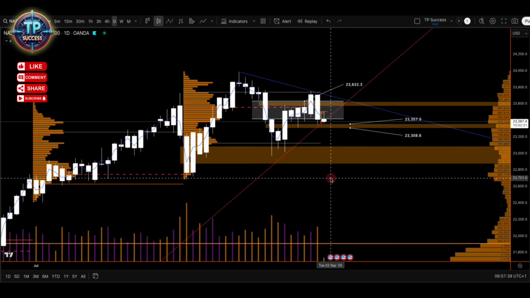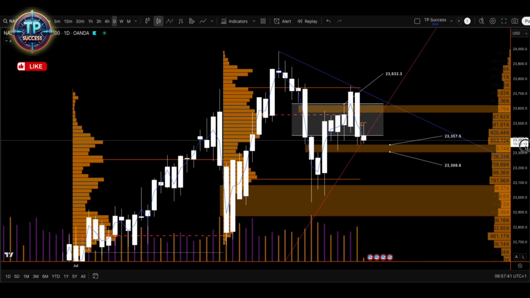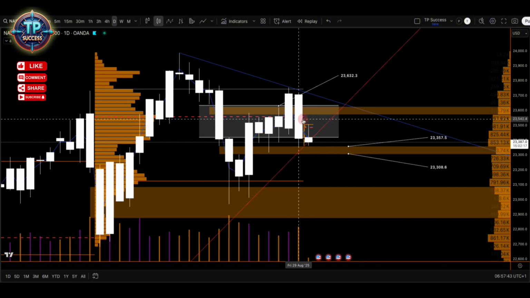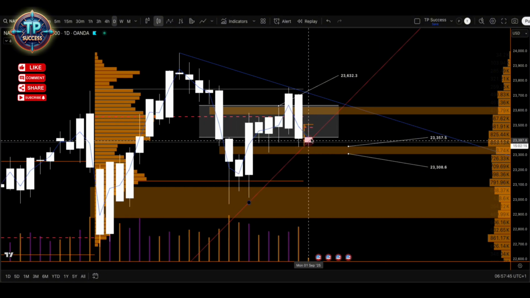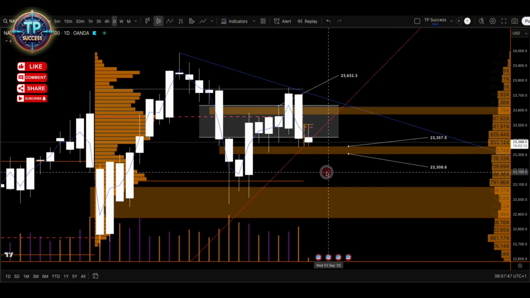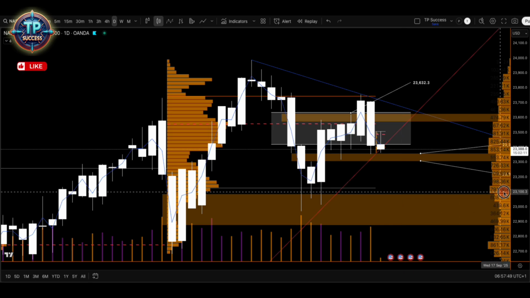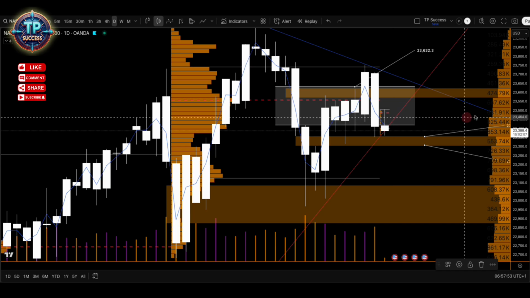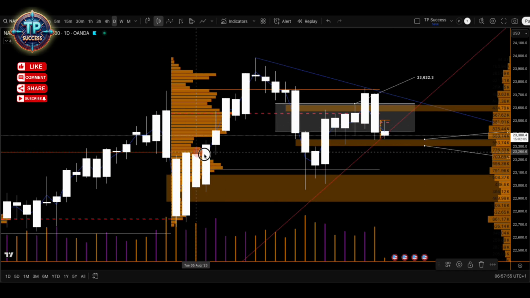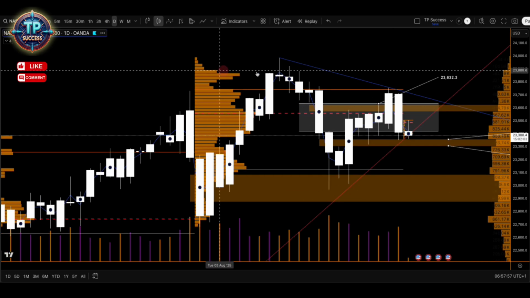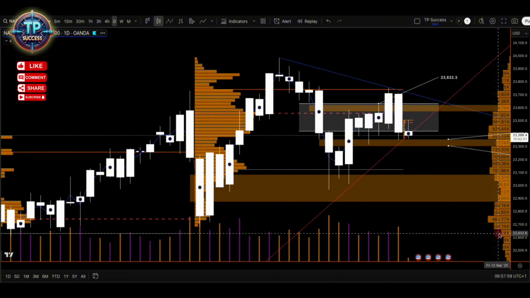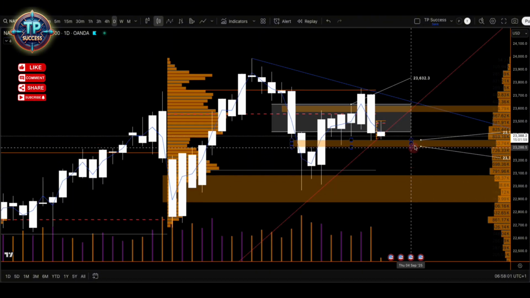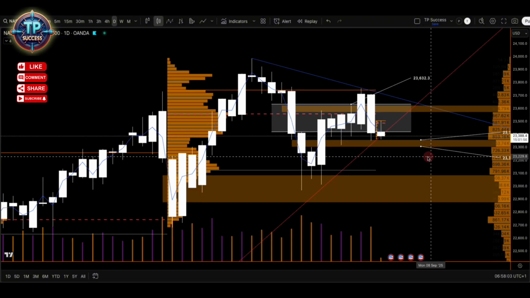So we're on the daily right now, and a new monthly volume profile has just opened up right here, so that is doing its thing. But for the most part, we're going to be using the data in this area right here, as well as the data in this area right here, to help us with the new month, what market plans on doing.